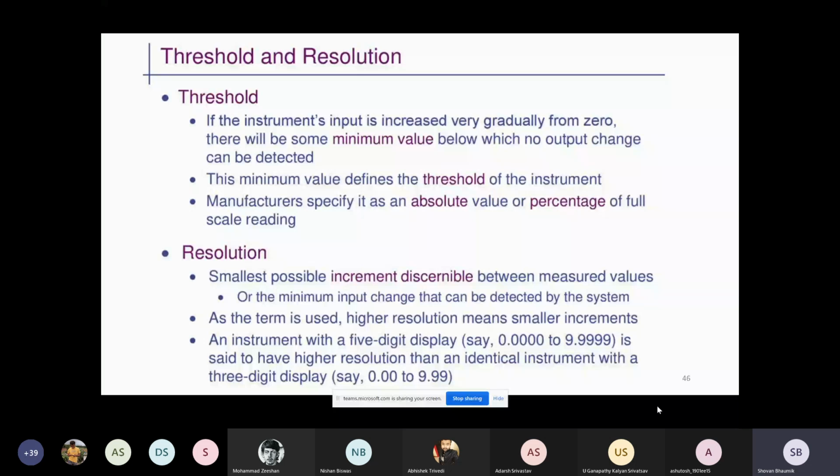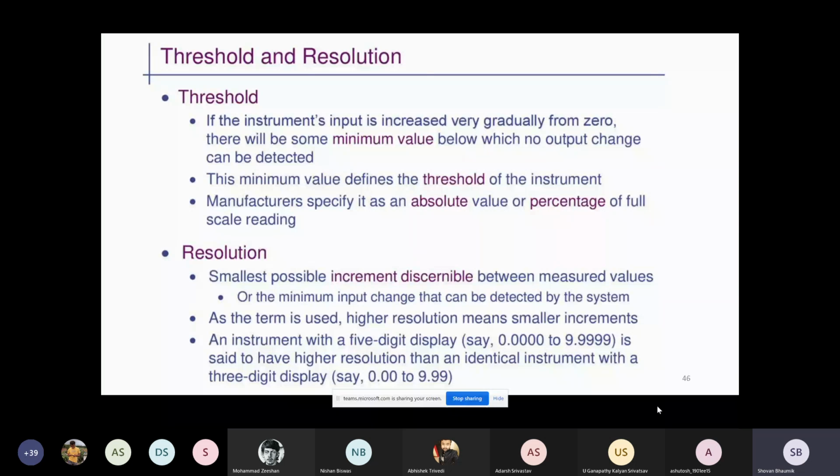So these two are similar but not exactly the same. For threshold, you change the value gradually from 0, and at the point where your output starts to move, that is called the threshold. And resolution means the smallest possible increment you can measure in the output. So that is the resolution.